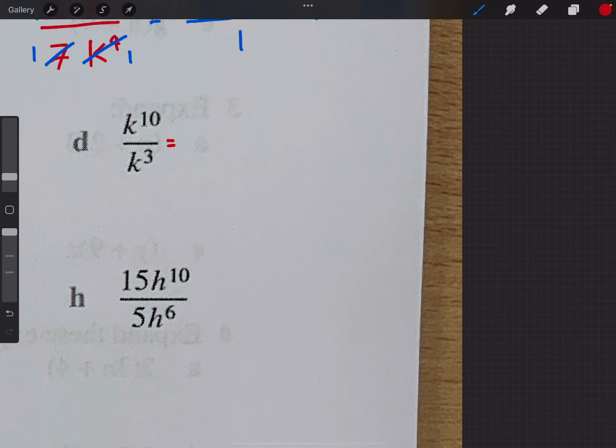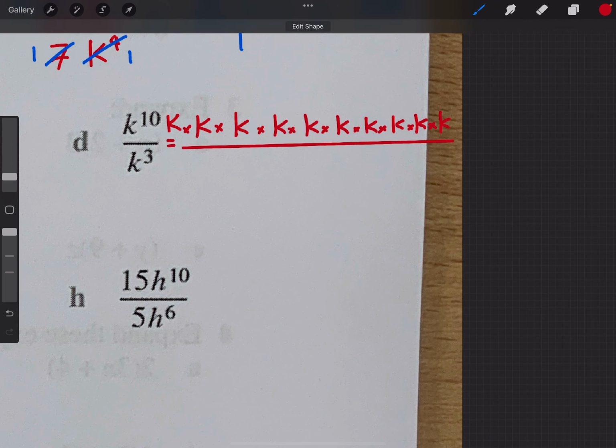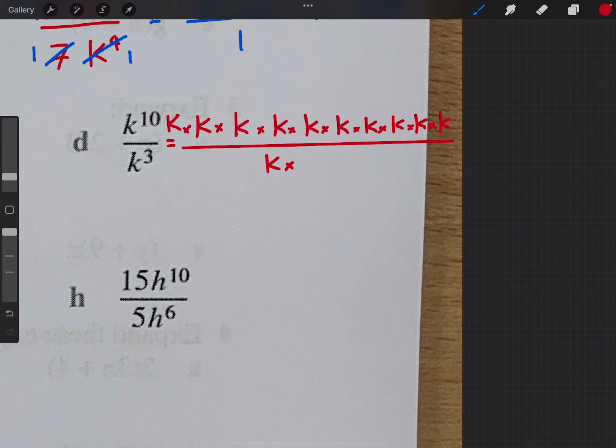But we can also see it another way. We can see k to the 10 as k times k times k, up to 10 k's, divided by k to the 3, which is k times k times k.